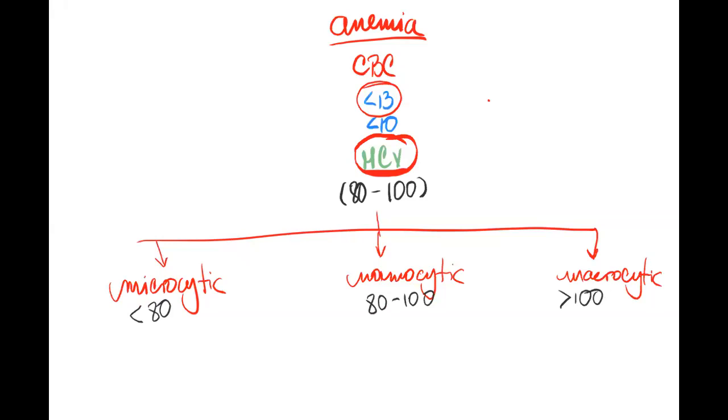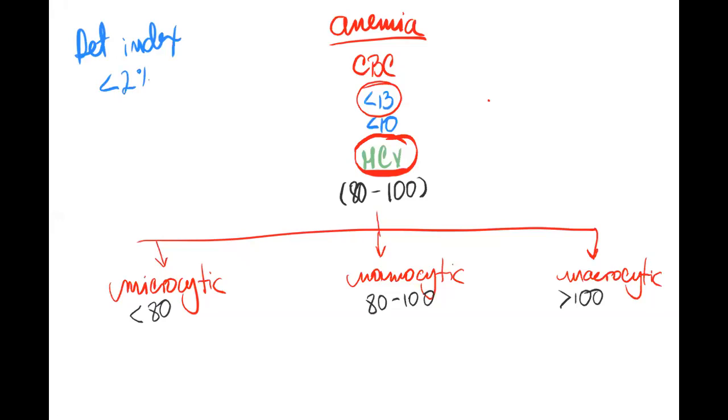Another point that we need to review inside the CBC is the reticulocyte index. Why do we need to review the reticulocyte index? Because when the reticulocyte index is less than 2%, that is telling us that the problem is production.